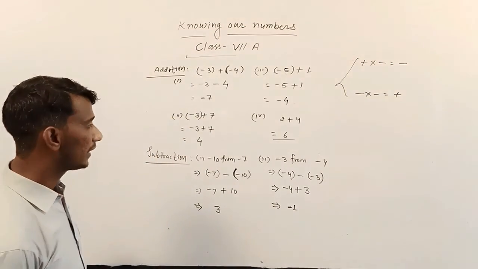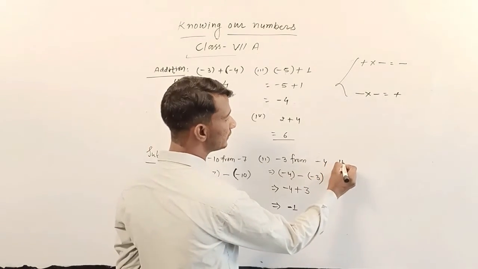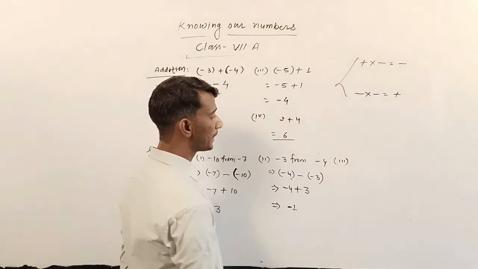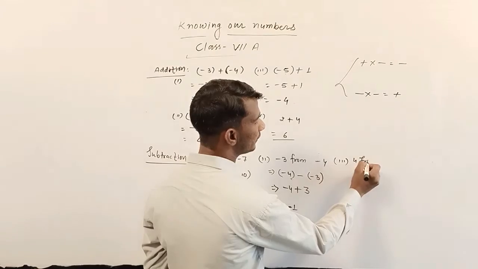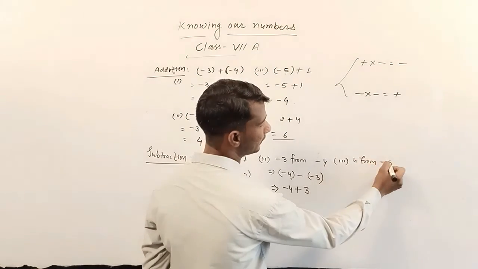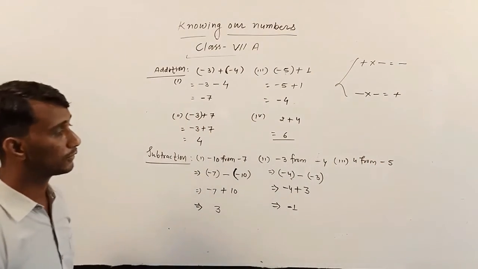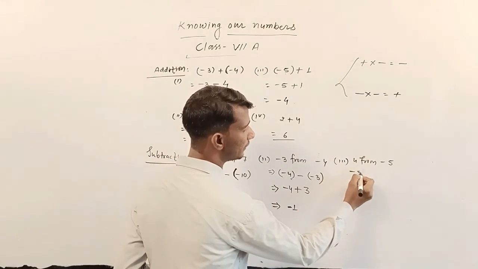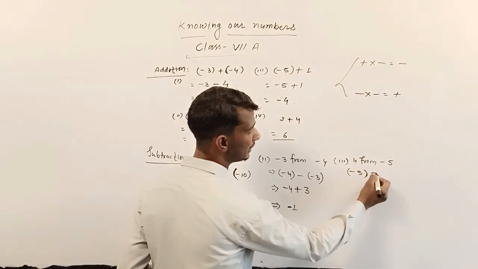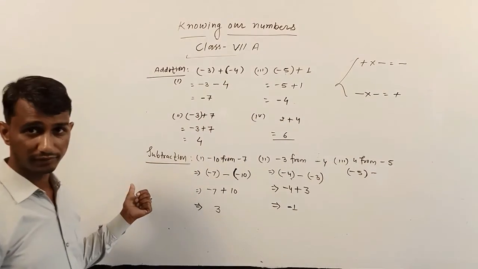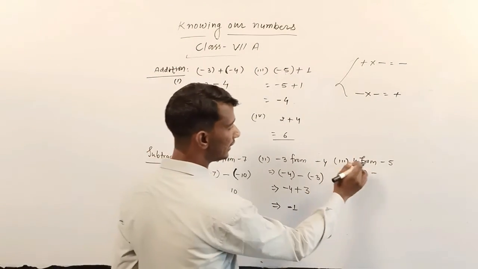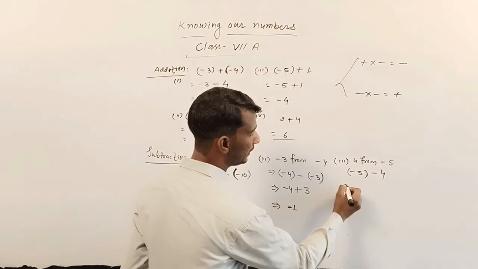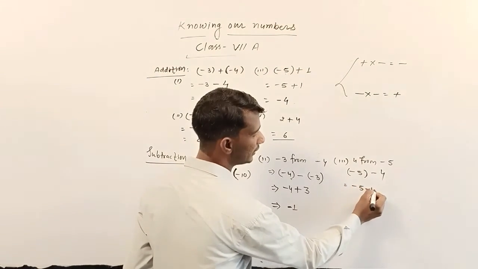Okay student, and next example, subtract 4 from minus 5. So first you write minus 5 in bracket, after that the sign according to the question, subtraction, and after that write 4. Open it, minus 5, minus 4.